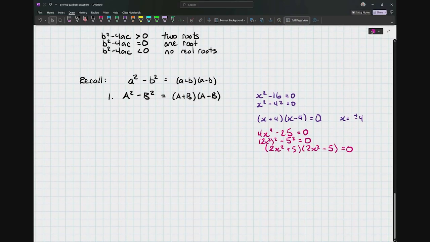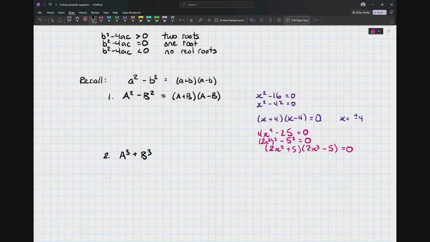And as a further bonus, you may have guessed since I numbered that number 1 that there's some other quick little factoring formulas coming along. There is a factoring formula for a sum of cubes as well as a difference of cubes. To factor a sum of cubes, we factor that into a binomial, a plus b, and a trinomial with 3 terms, a squared minus ab plus b squared.